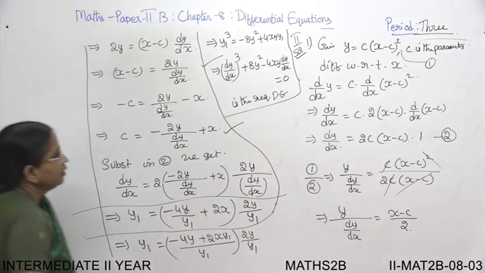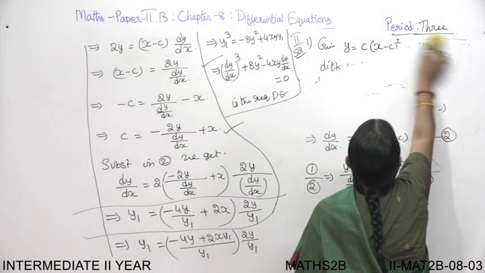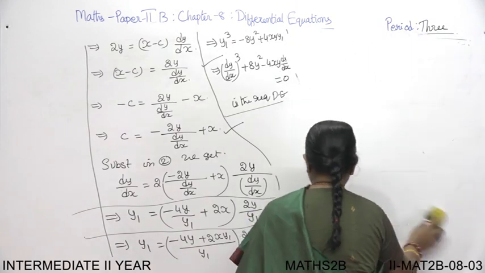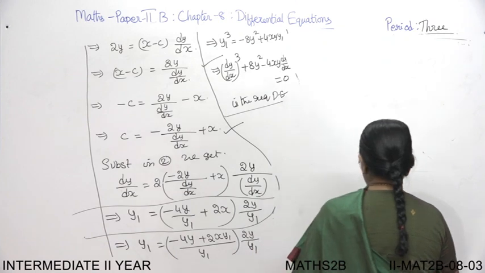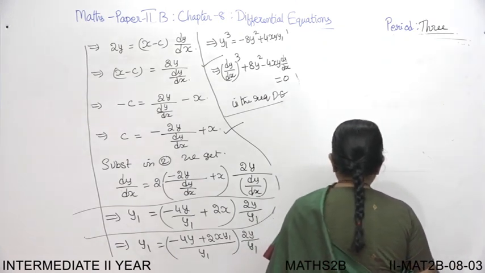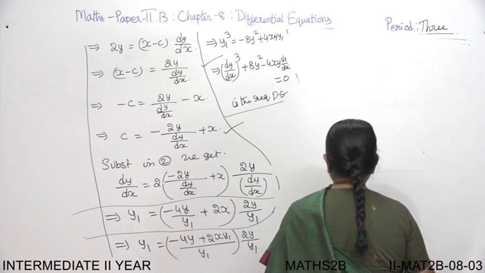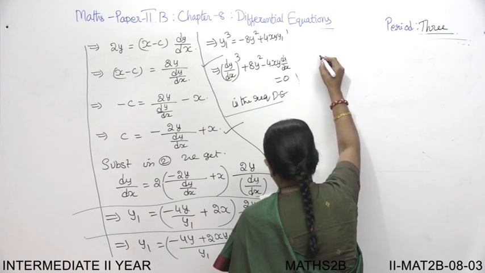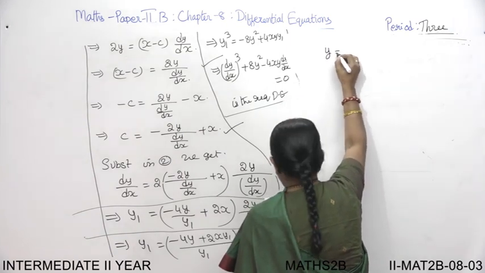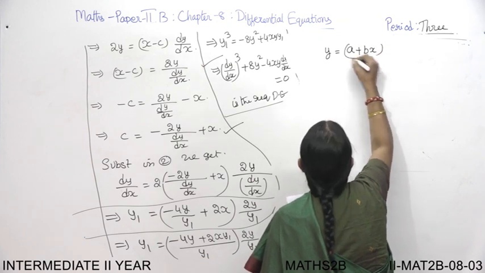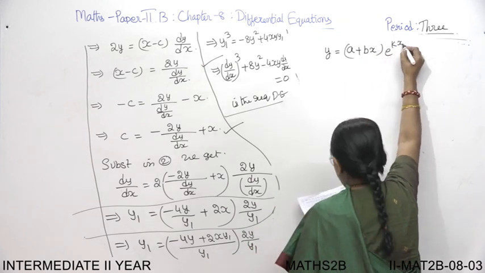Okay. Now next problem. The solution is given as y is equal to (a plus bx) into e to the power kx.